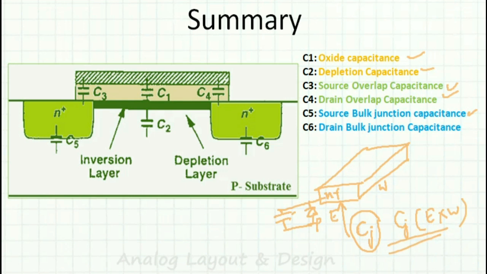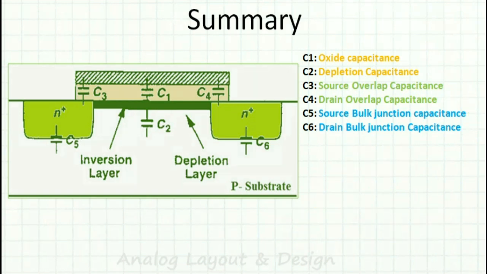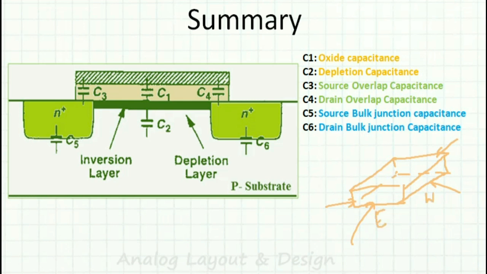And then in this one more portion is there, that is nothing but your sidewall capacitance. So the bottom plate capacitance we understood, and we have 4 sidewalls. And if I know the unit capacitance, I just have to multiply by the perimeter. So if this is E and this is W, 2 times E and 2 times W is the perimeter, and the unit is Cj sidewall.